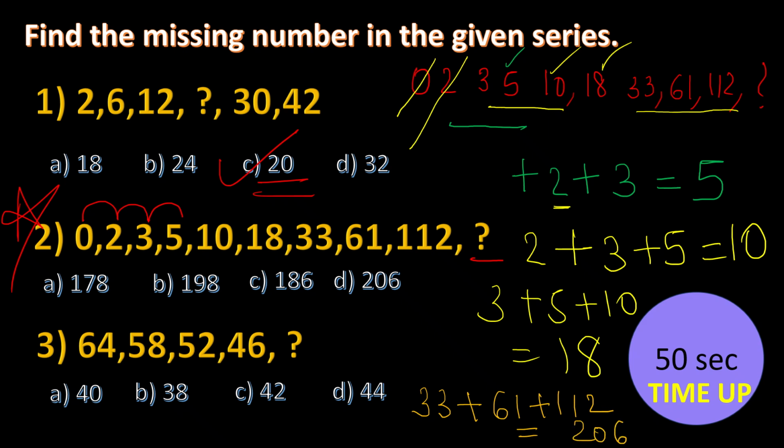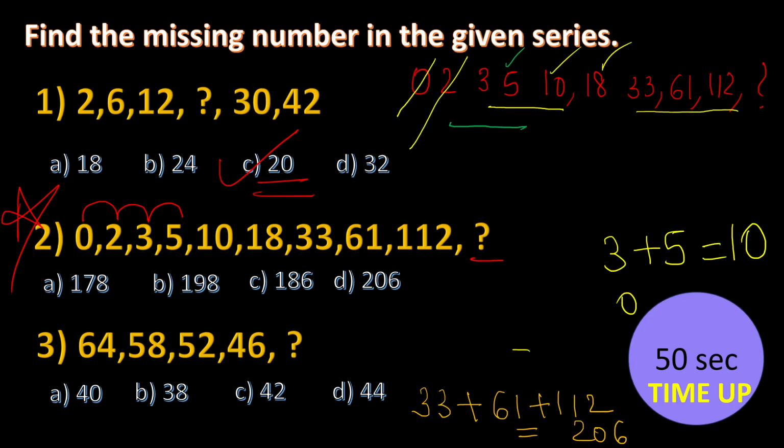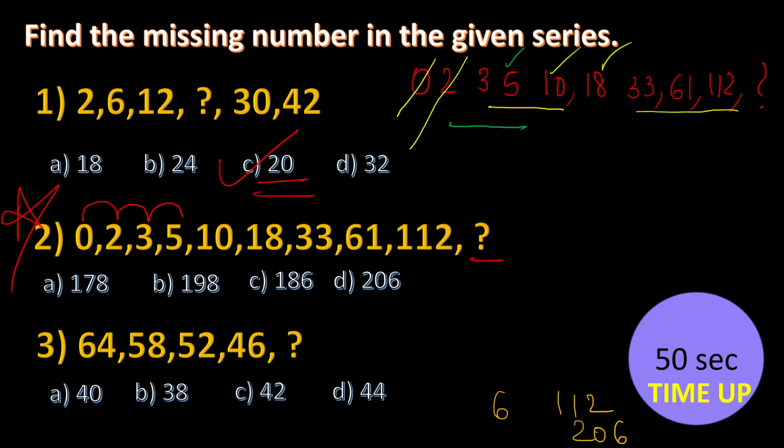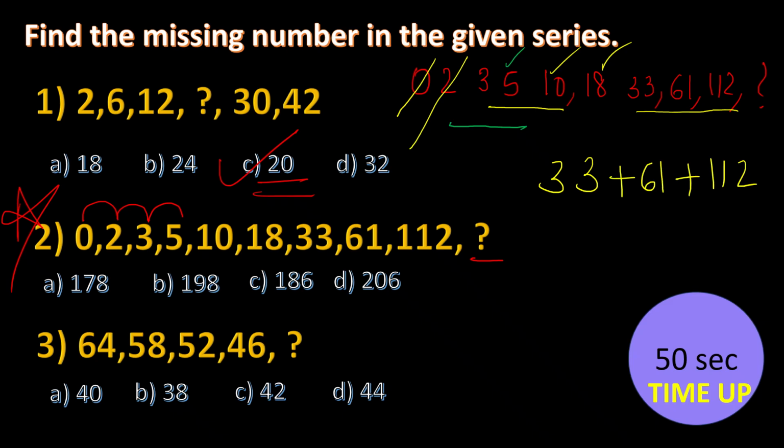I'll just write here. Please note down, students. Note it down. I told you to note it down. I hope you have noted down. So here 33 plus 61 plus 112 will be lastly left. When you add those, you will get 206 as the answer. So that is your answer.